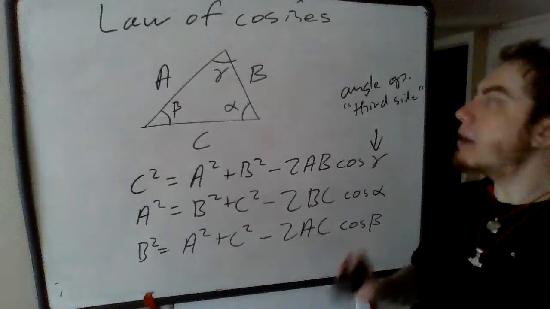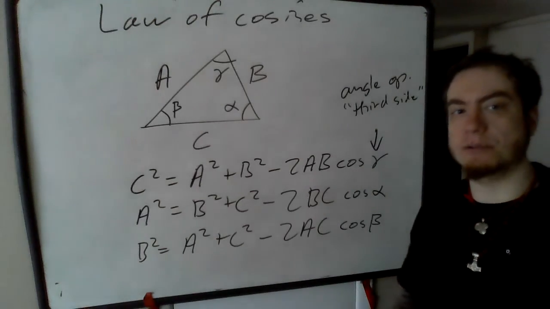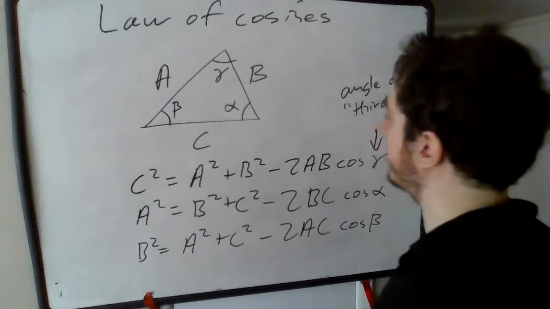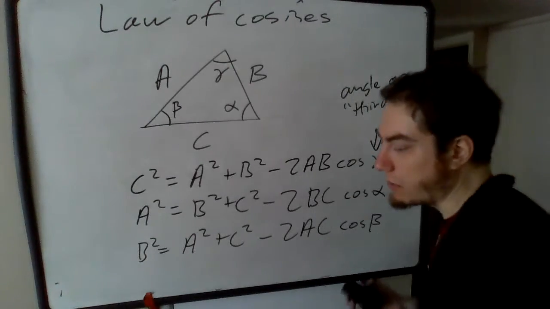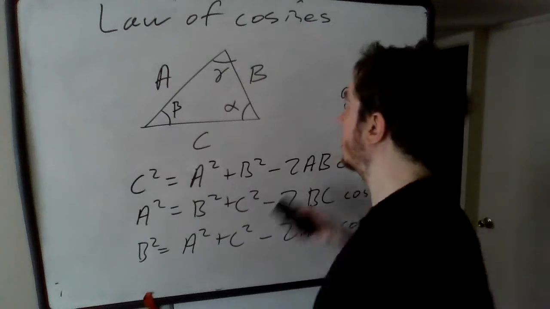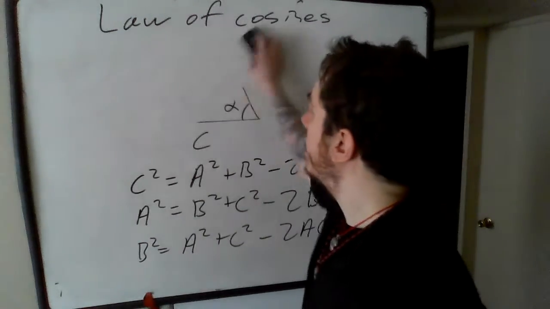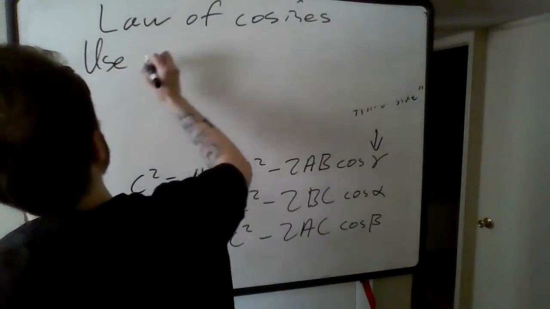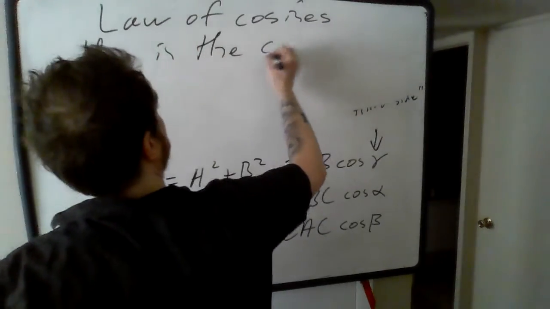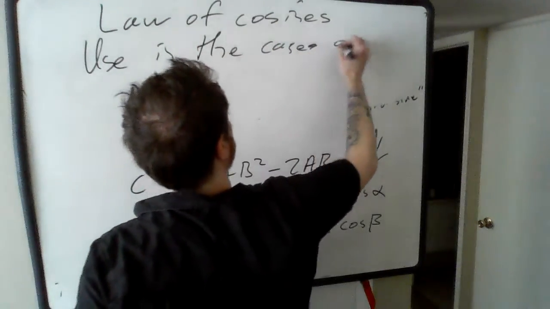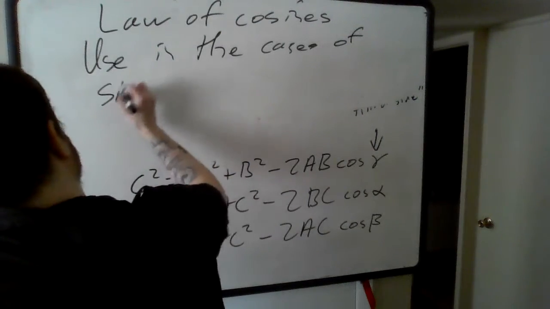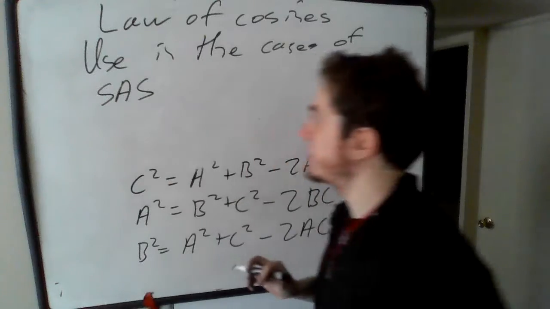The nice thing about this, again, is that there's really only going to be one possibility here for any of these types of things. Now, when would you use the law of cosines? Well, it turns out that you use this in the cases of the side angle and side being given.